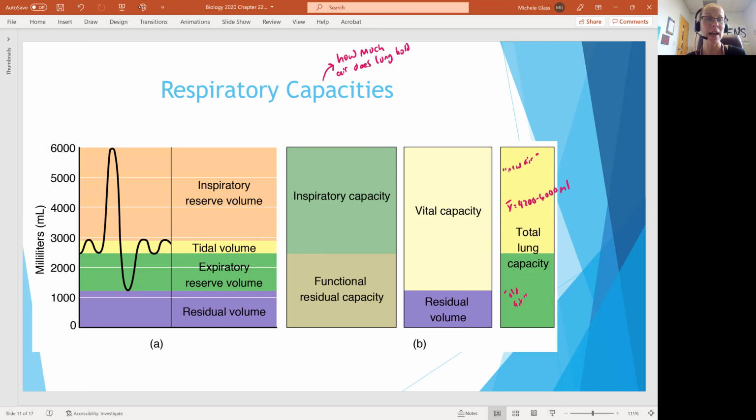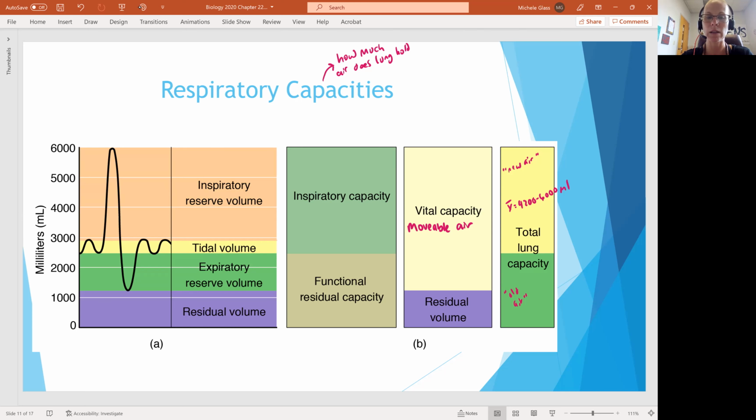When we look at vital capacity, it is more talking about movable air, meaning what you can inhale and what you can exhale.